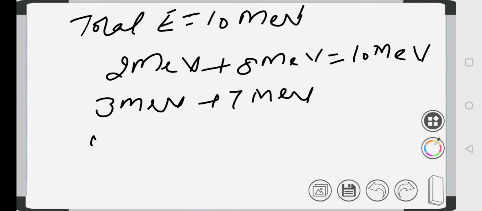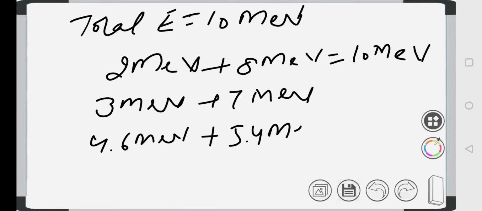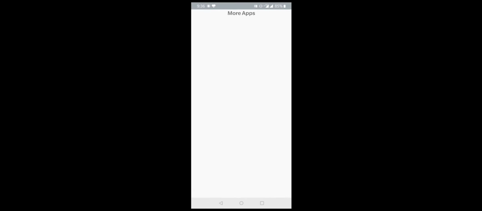If it is 4.6 MeV, then the neutrino particle will carry 5.4 MeV, that will be equal to 10 MeV.